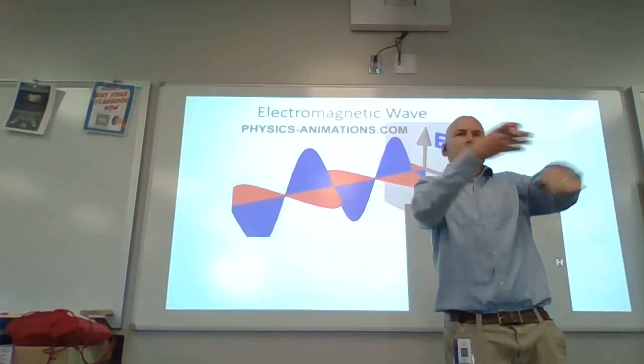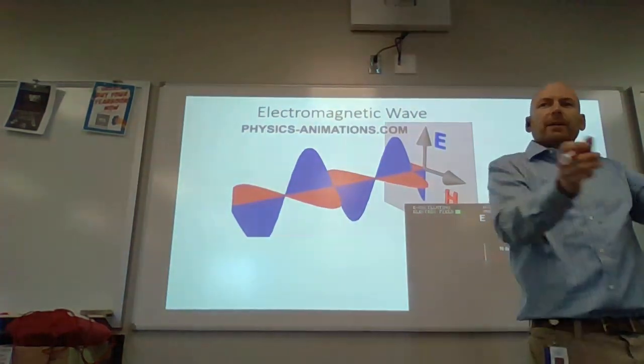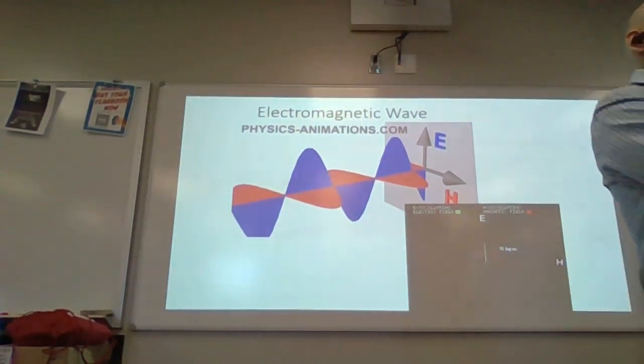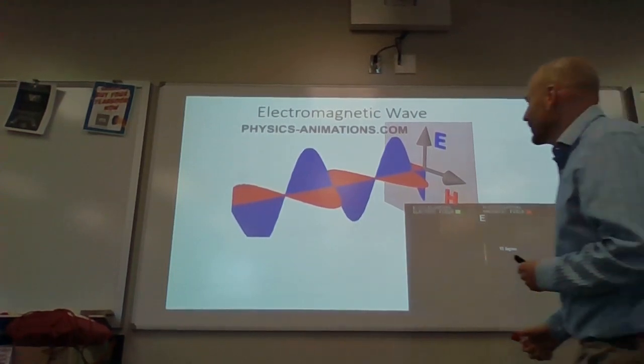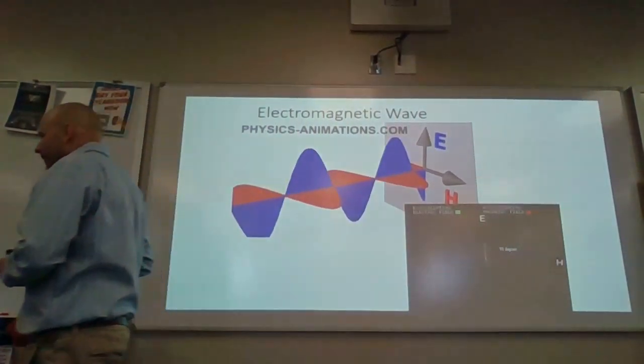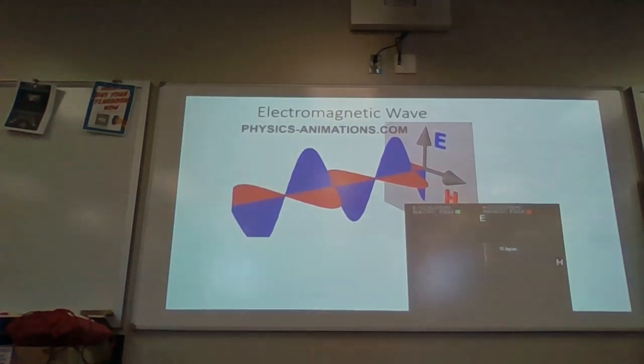You could take this to the dance floor and call that the EM wave. So you've got an electric field and a magnetic field. They're perpendicular to each other. I don't know how well you can see that.